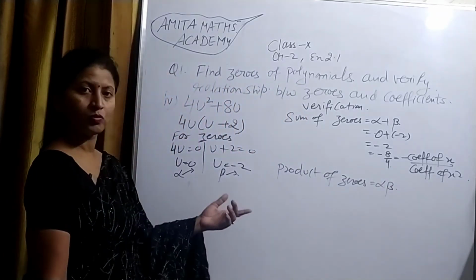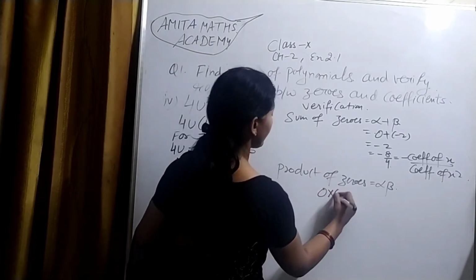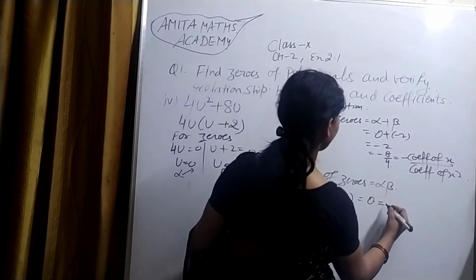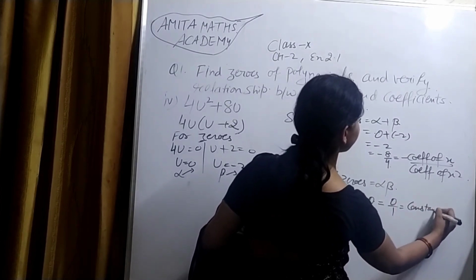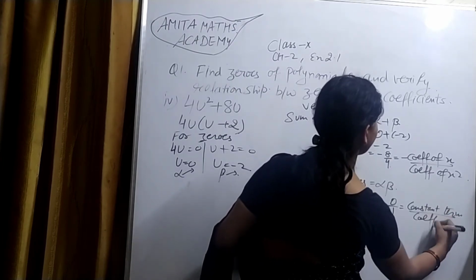If I have two roots alpha and beta, then 0 into minus 2 gives me 0, and 0 is what? 0 upon 1, and you can say it is the constant term divided by the coefficient of x square.